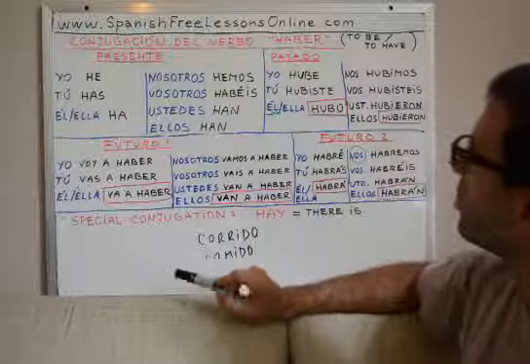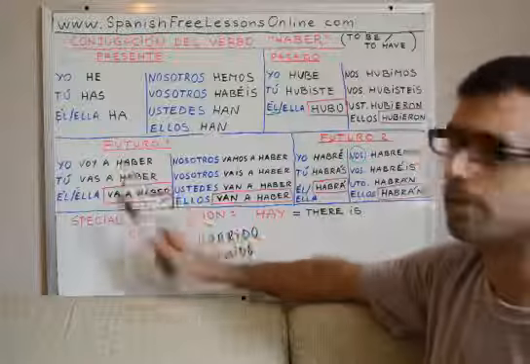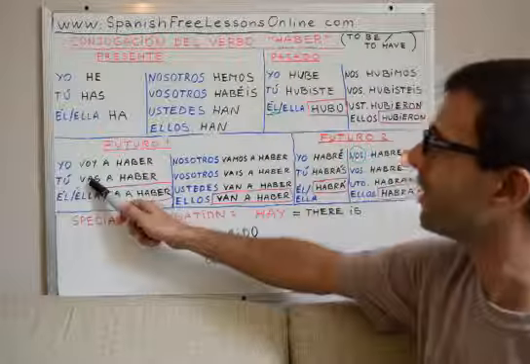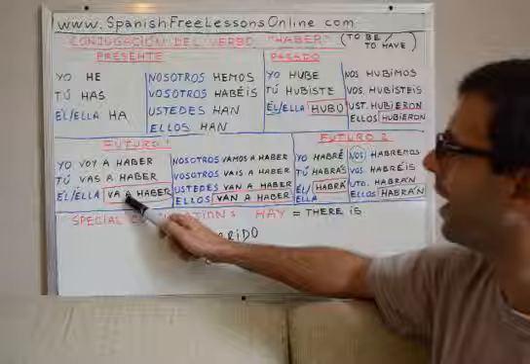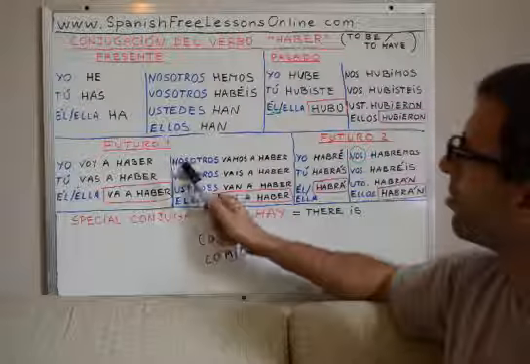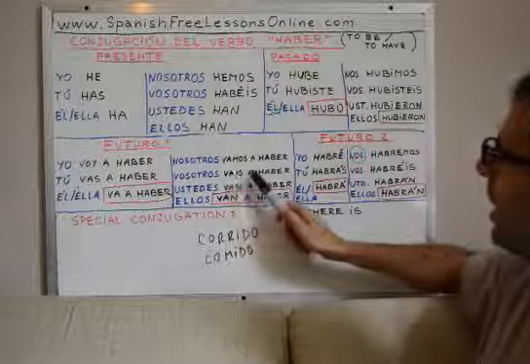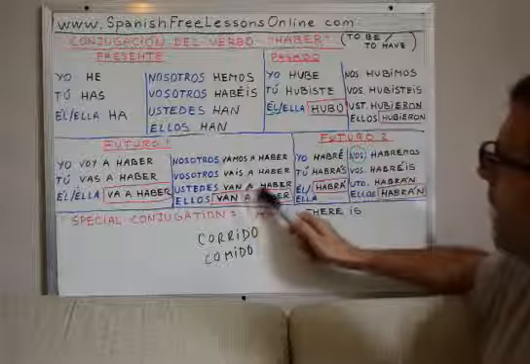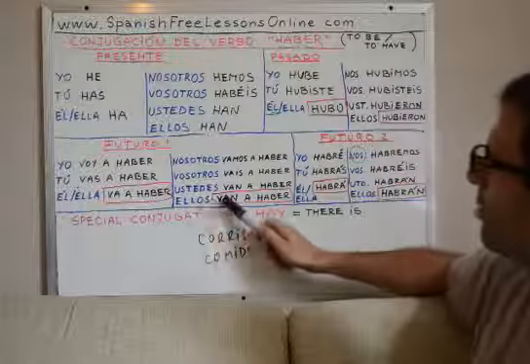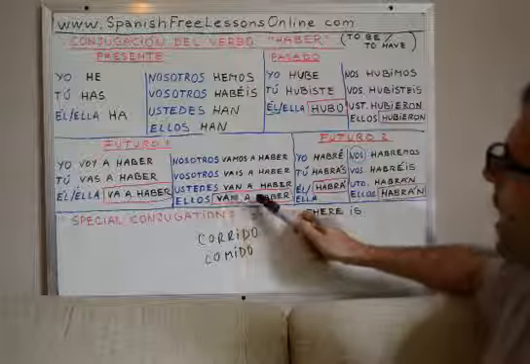So, let's go to the future. Yo voy a haber. Tú vas a haber. Él va a haber, or ella va a haber. Nosotros vamos a haber. Vosotros vais a haber. Ustedes van a haber. Ellos van a haber. That means they will have.